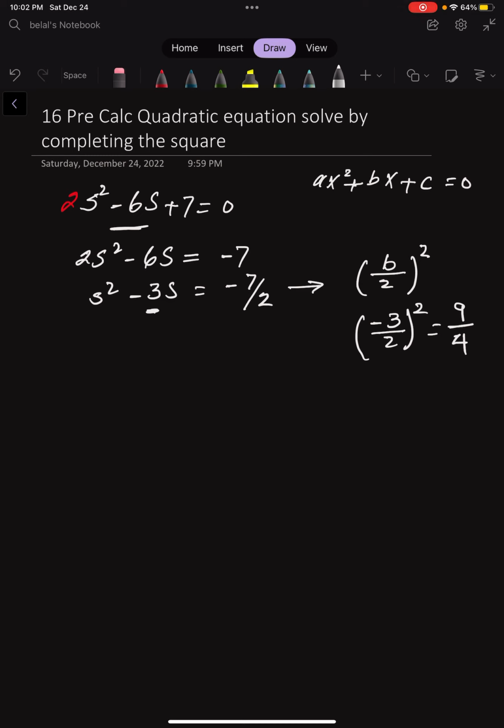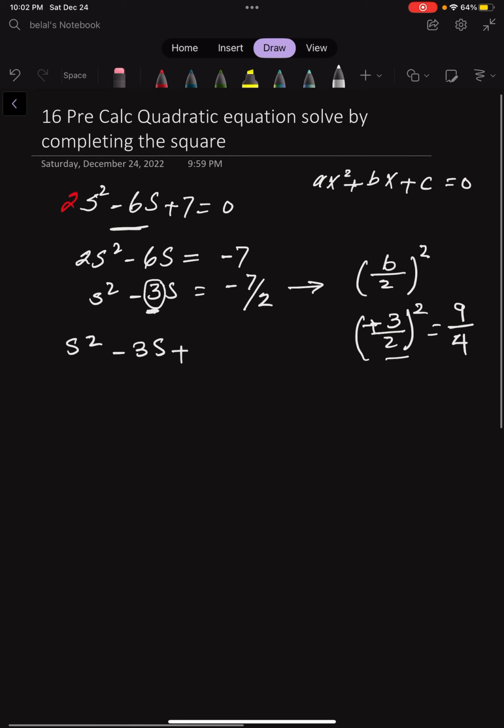Okay, and let's add this to both sides. So it will be s squared minus 3s, plus 3 over 2 squared. Here we just take the value, which is minus 3s, so this is actually 3.